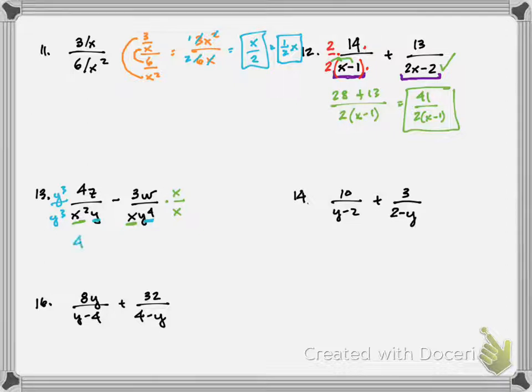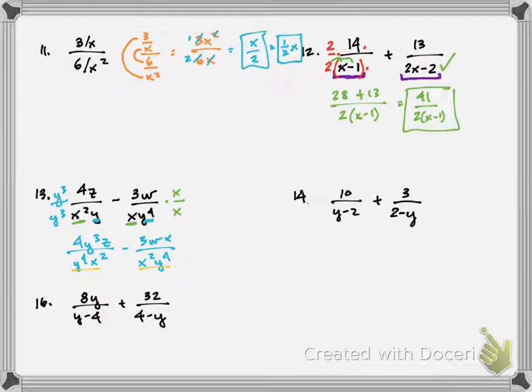We get 4y cubed z over y to the 4th x squared, minus 3wx over x squared y to the 4th. So we have our common denominator right here, y to the 4th x squared, or x squared y to the 4th.